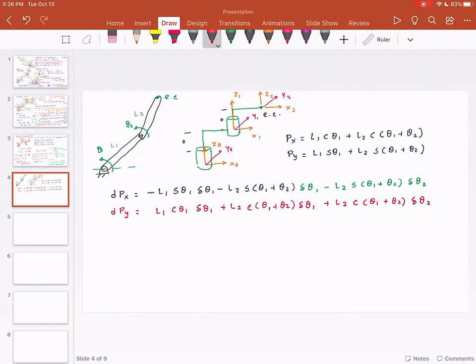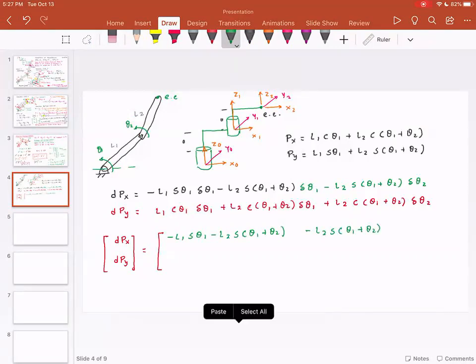Now I need to write this equation down as something like this: dpx, dpy equals a matrix. The first row is minus L1 sine theta 1 minus L2 sine (theta 1 plus theta 2), and minus L2 sine (theta 1 plus theta 2).